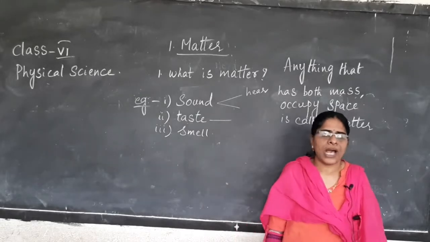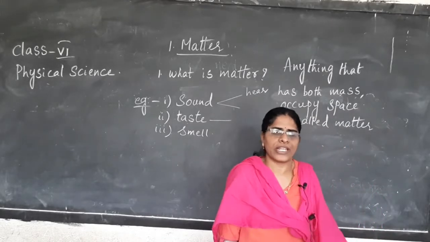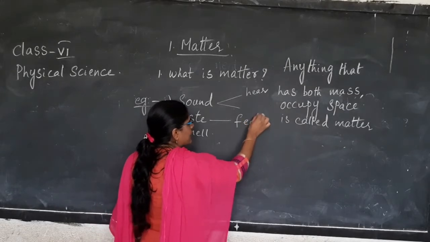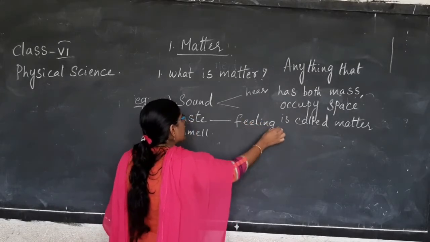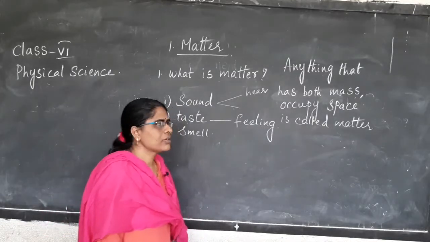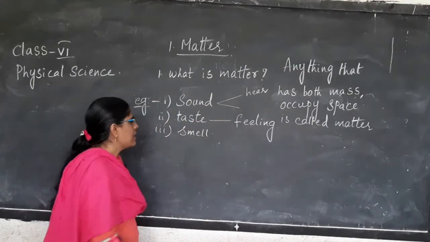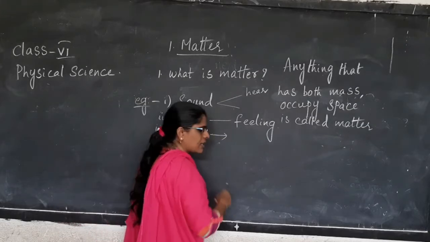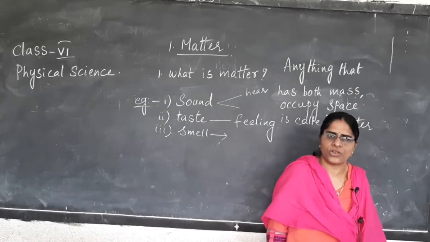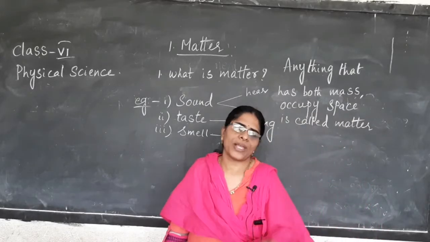It's not a mass and it doesn't occupy any space. It's a feeling observed by us. Hence, taste doesn't come under matter. Next, smell. If I give you any flower, let us assume a rose flower, what will you do? You will smell the flower.